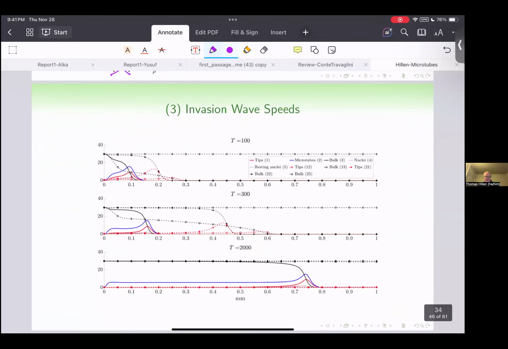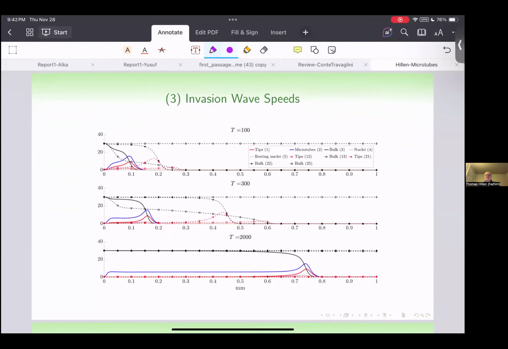Let's talk about invasion wave speeds. I know several of you have worked on invasion speeds for reaction diffusion equations. So we have these 6 models, and we put them in a computer, and we look for the invasion speeds. I'm not telling you which of these lines is which model, but we can clearly see that they have different invasion speeds.